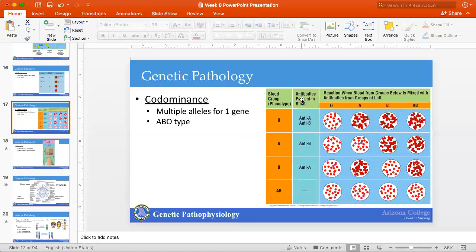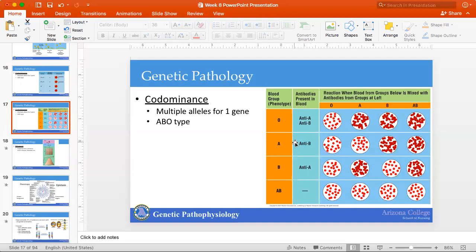So you have antibodies against A and B because they don't belong in you. So if you received a type A blood or a type B blood, you have antibodies against that would then attack that specific blood. They wouldn't mix well and it would form a huge blood clot.